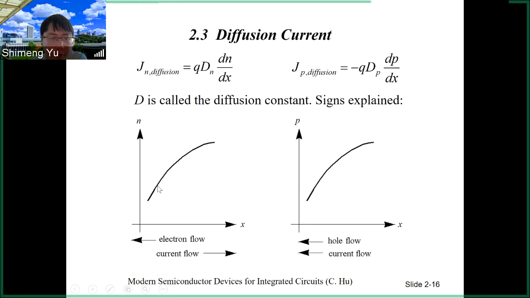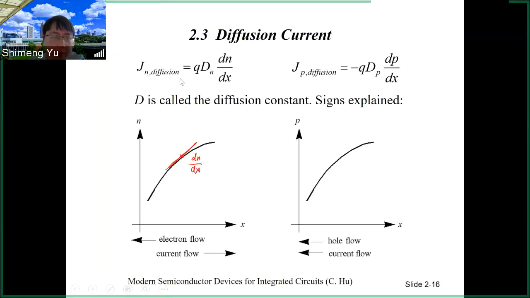If we have this kind of profile, then we can define the slope is dn over dx. So if you have steeper slope, then you know the diffusion will be faster, right? You have more difference between those two regions, then the electrons tend to diffuse faster.